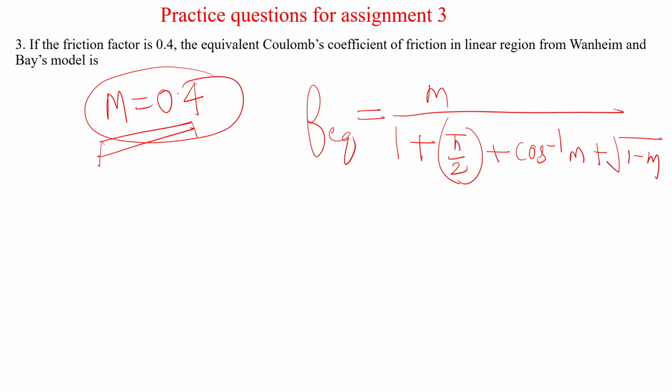You can do it now, right? Yes, sir. Just keep in mind that when you are putting cos inverse m, you should put it in radians, na, because m is not a degree.